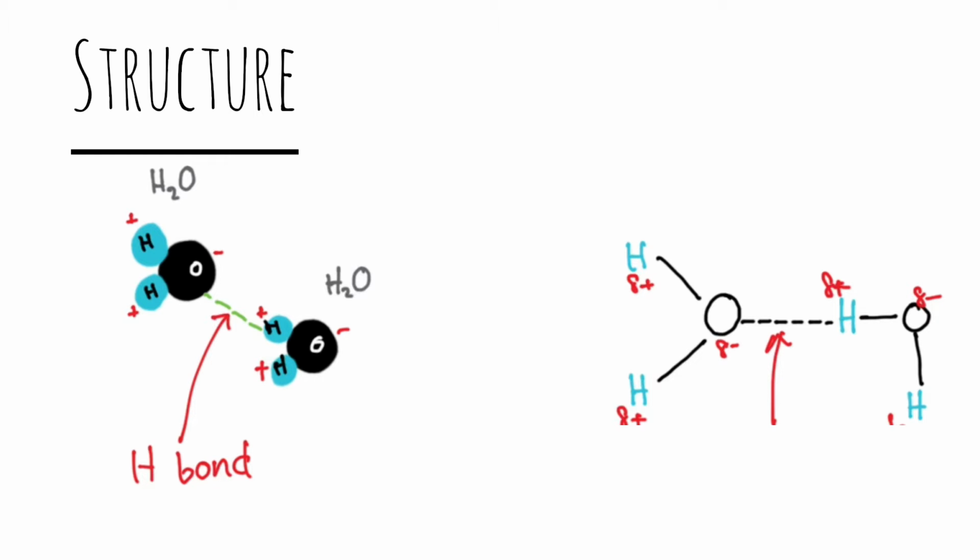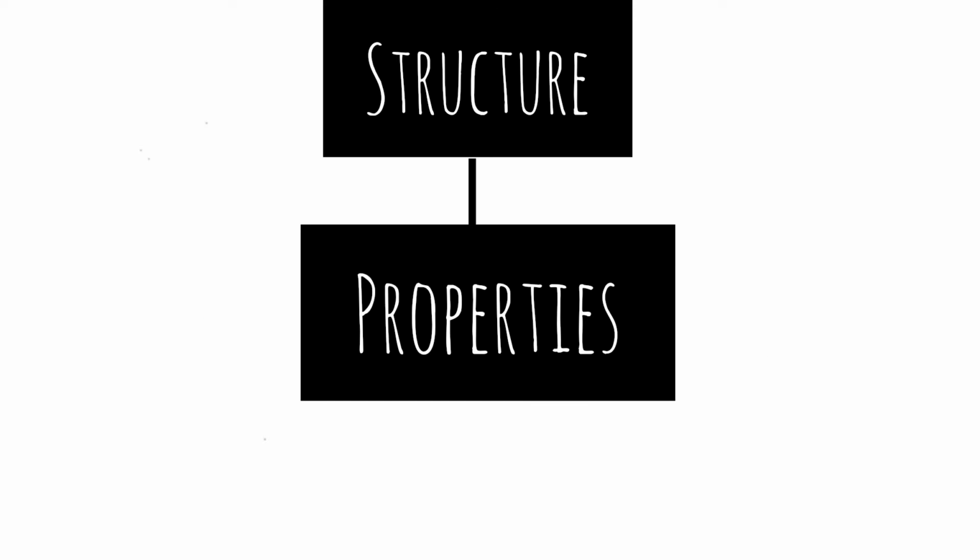Because of these structural features, there are many properties in water. Because of these properties, water plays many roles in living organisms. So we'll see what those properties and roles of water are.